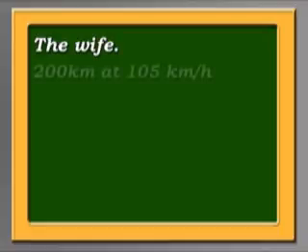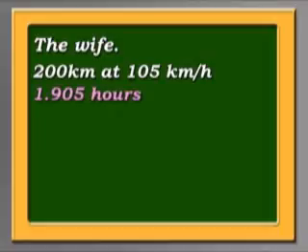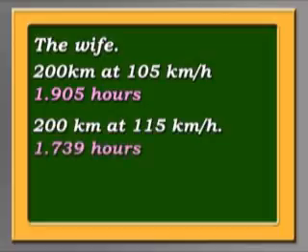Now the wife, she drives 200 kilometers at 105 kilometers an hour, and that takes 1.905 hours. She then drives another 200 kilometers at 115 kilometers an hour, so that means 1.739 hours.